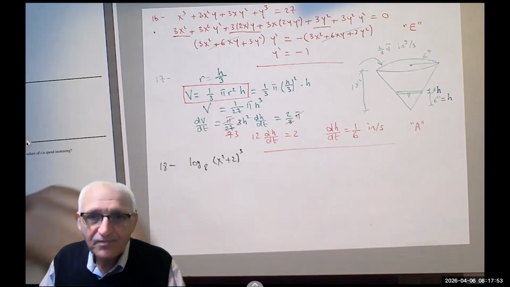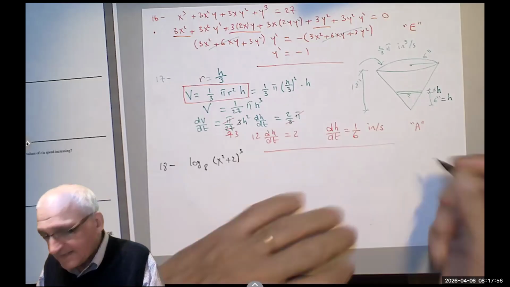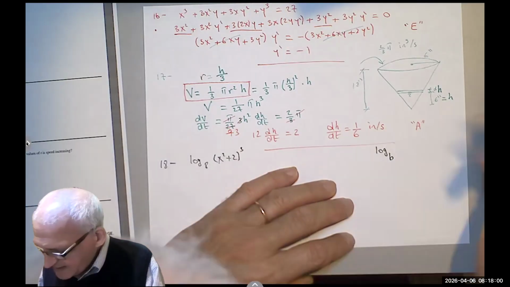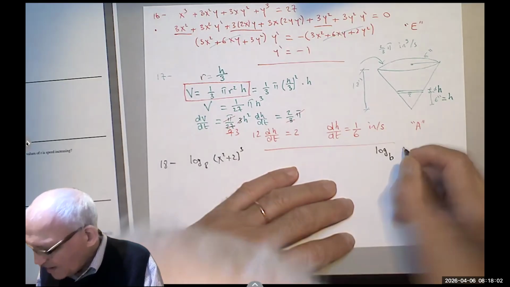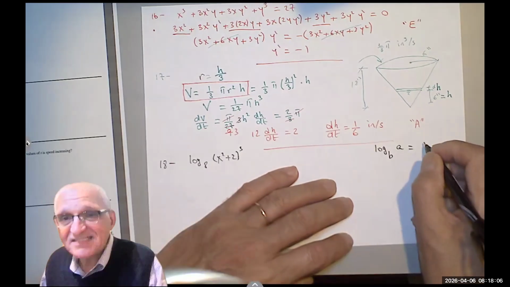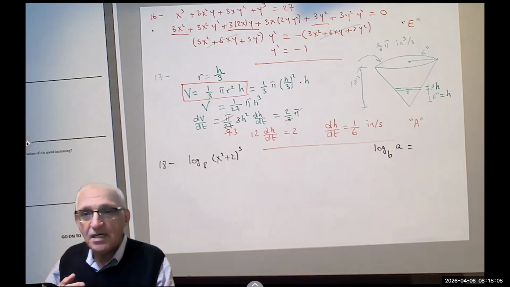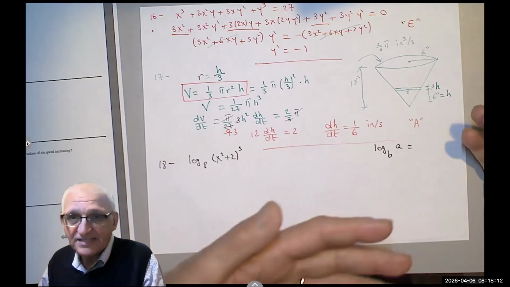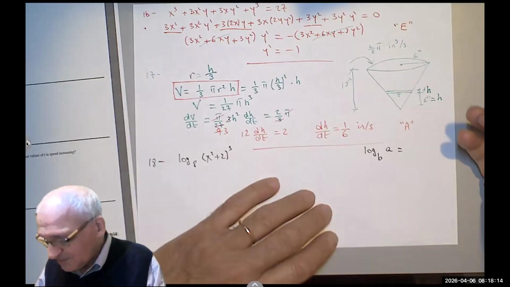It's easy. You have to remember the law that says log to the base b of a quantity a can be written with the common log, base 10, or the natural log.